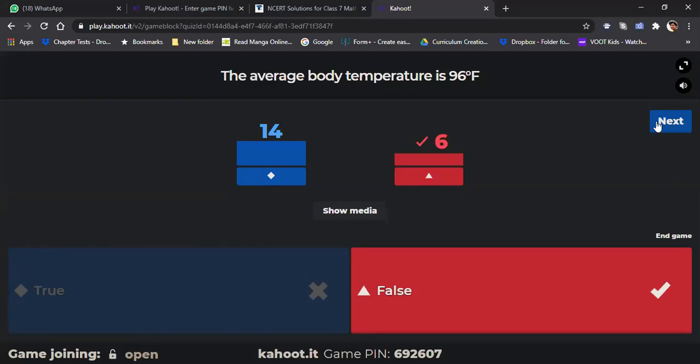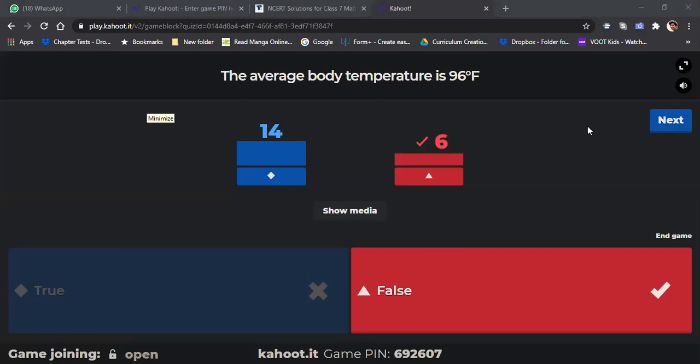It's 98.6, right? Got it? It is 98.6 now, which is 36 to 37 degrees centigrade. Got it, everyone? The average body temperature is 98.6 degrees Fahrenheit.